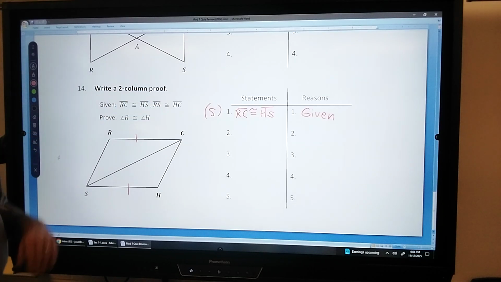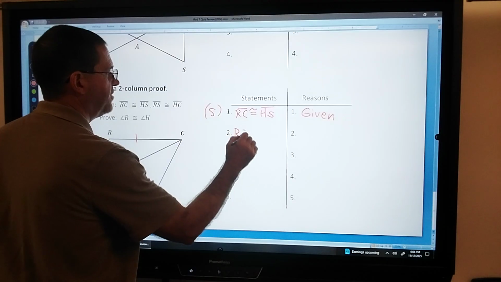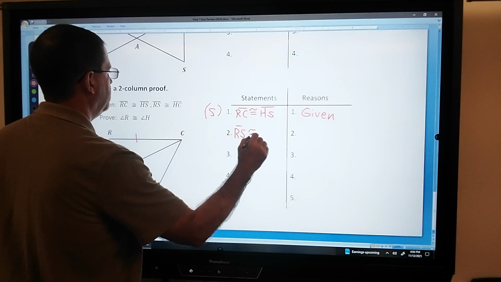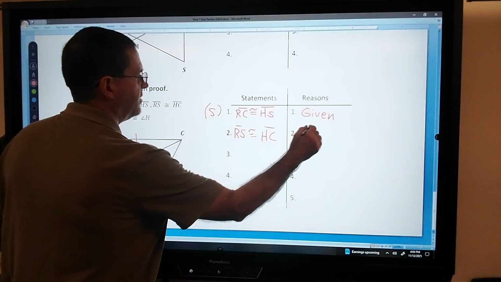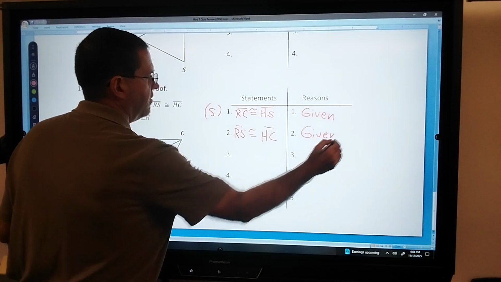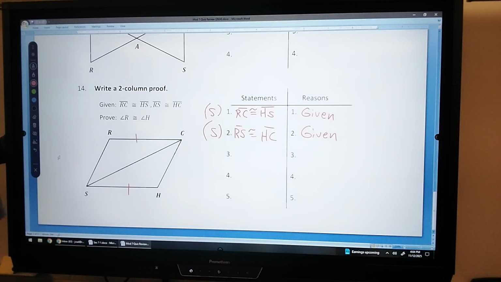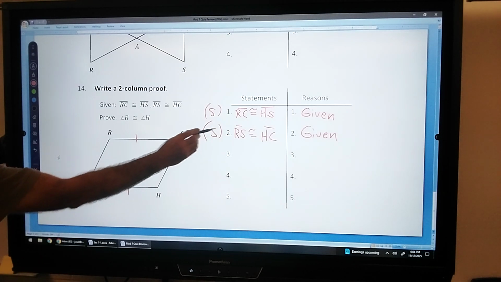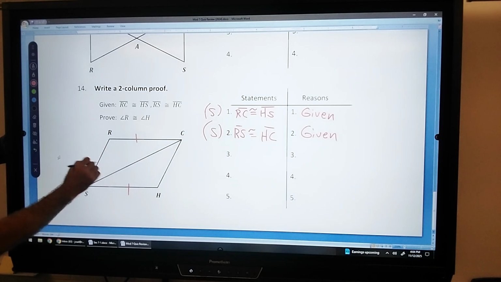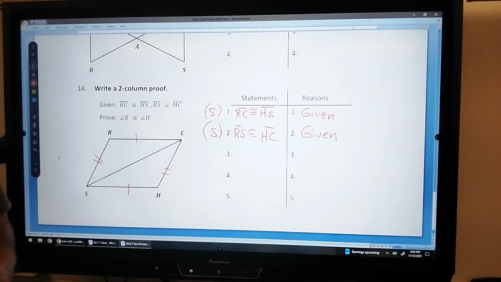And then I move on to the next one. RS is congruent to HC, that's given. It's also going to be a side, so I need to mark it. It looks like R to S is right here, double slash. And H to C is right there, double slash.